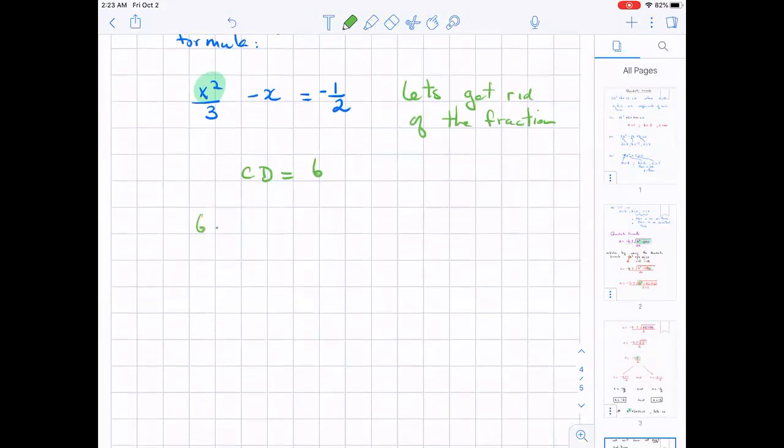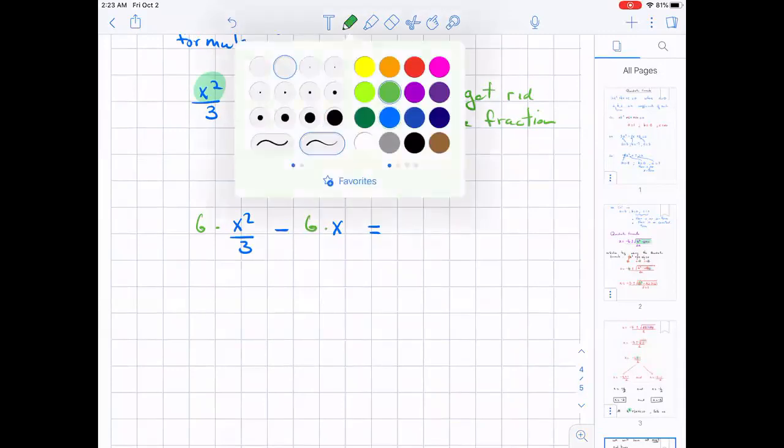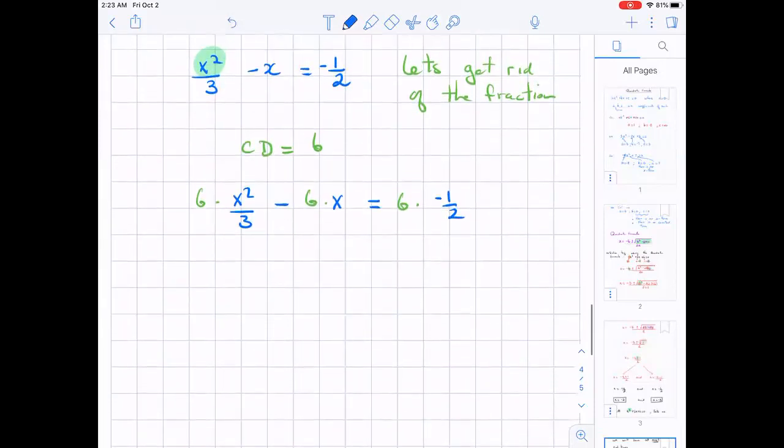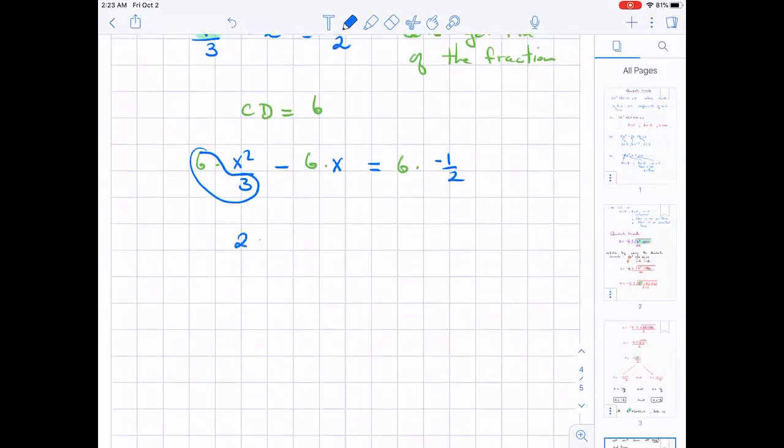So if we take 6 and multiply it by x squared over 3, minus 6 multiplied by x, and 6 multiplied by minus 1/2. Notice that 6 divided by 3 becomes 2, so that's 2x squared minus 6x, and 6 divided by 2 becomes 3, so this becomes a minus 3.